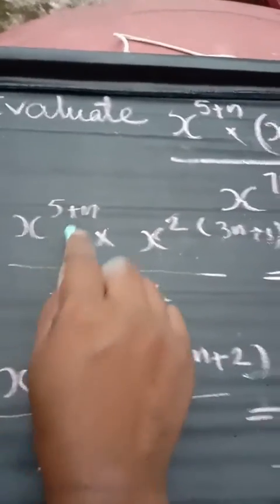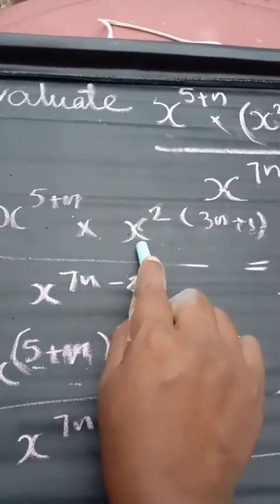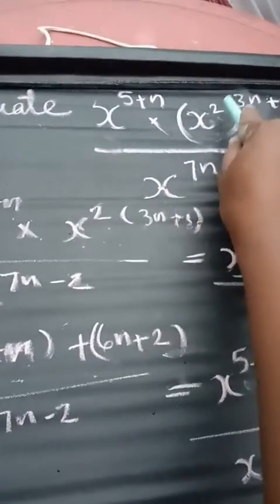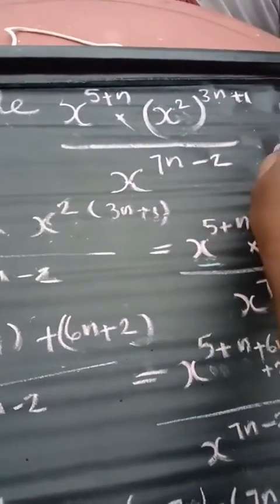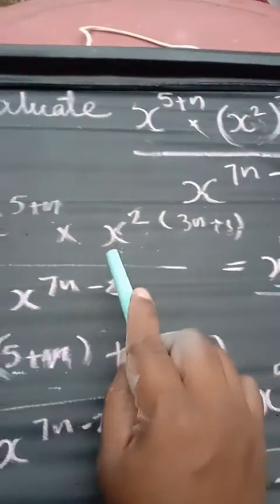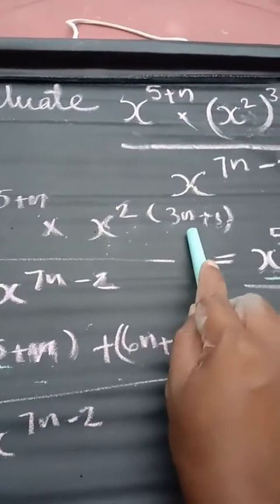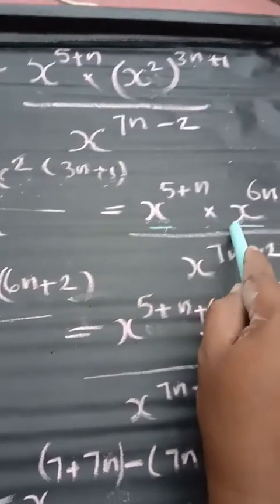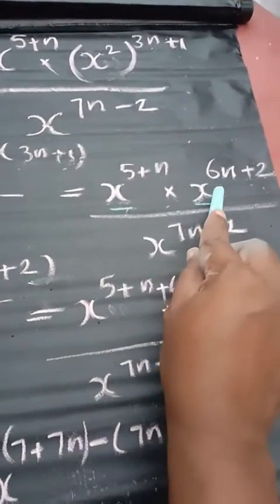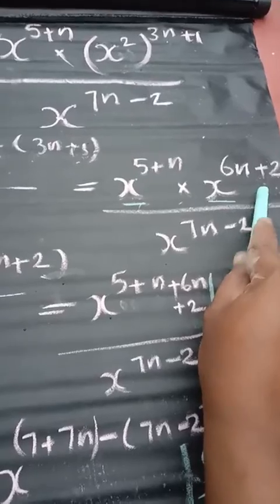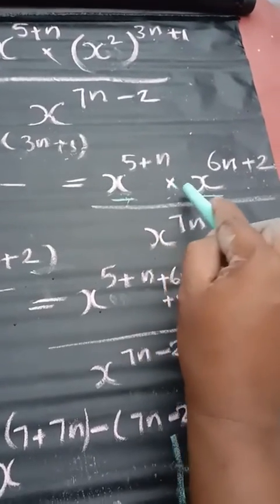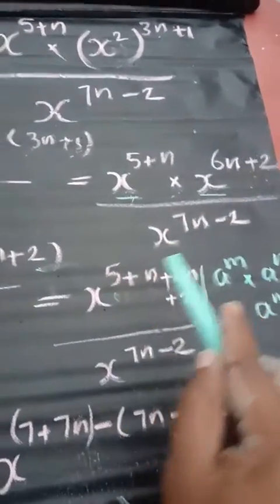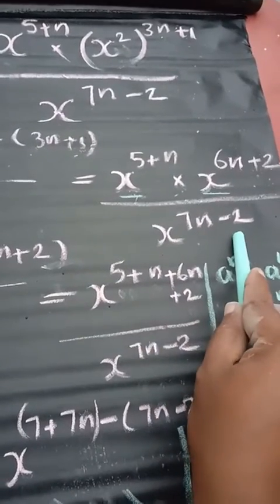That is first x raised to 5 plus n into x raised to 2 into 3n plus 1, equal to x raised to 5 plus n into x raised to 6n plus 2, since 2 into 1 is 2. x raised to 5 plus n into x raised to 6n plus 2 divided by x raised to 7n minus 2.